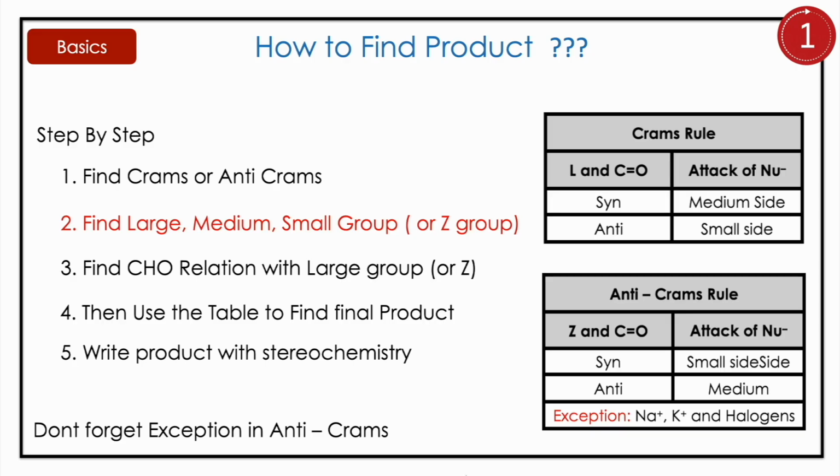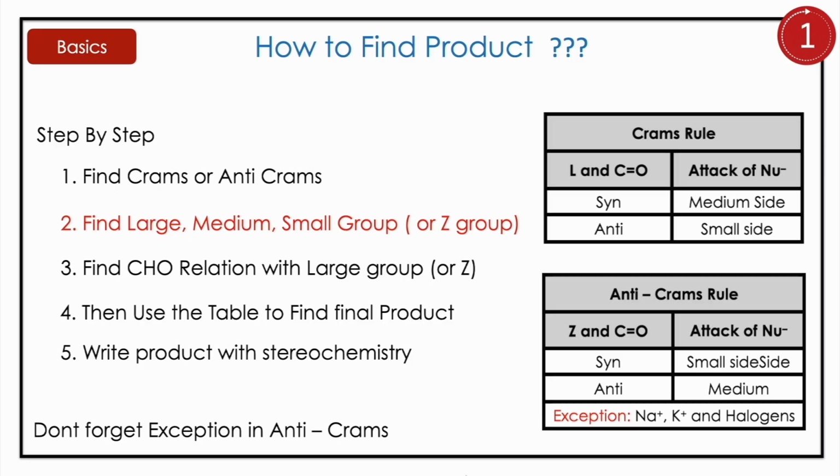Before getting into the problems, we should know how to find the product step by step. First step is to find whether Cram's rule or anti-Cram's rule applies. That is the very important thing. If you confuse that, you won't get the product right. Then mark the large, medium and small groups. In case of anti-Cram, mark the Z group. Then find the CHO relationship with the large group or Z group.